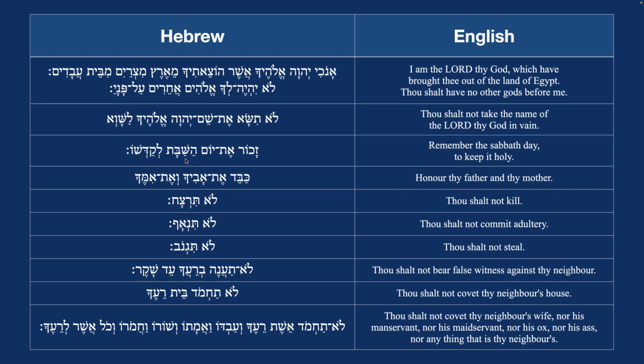Lo tissa et Shem Adonai Elohecha lashave, do not take the name of the Lord in vain. Zachor et Yom HaShabbat lakadsho, remember the Sabbath, keep it holy. Kabed et avicha ve'et imecha, so glorify or honor your father and your mother. Lo tirtzach, thou shalt not kill, or murder, you can say.